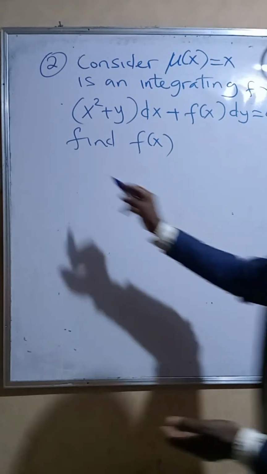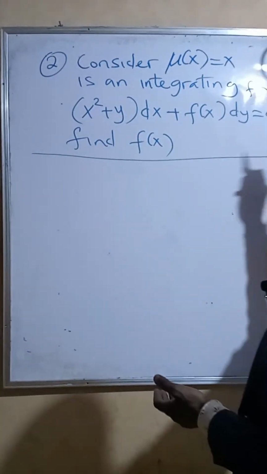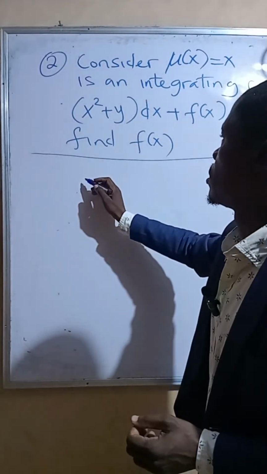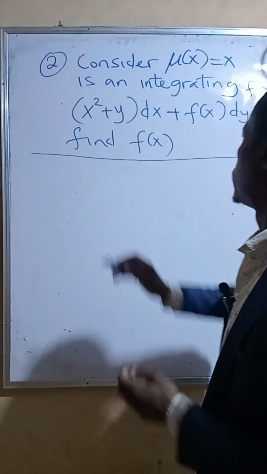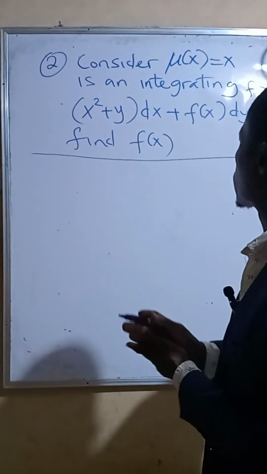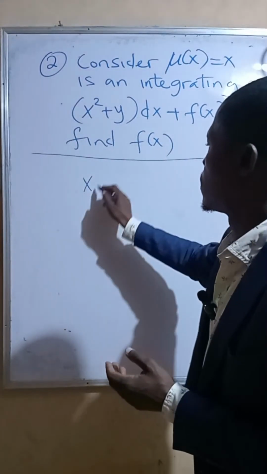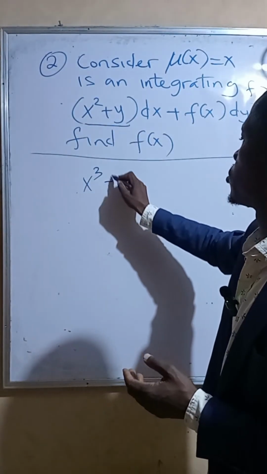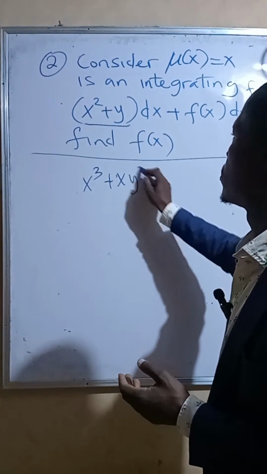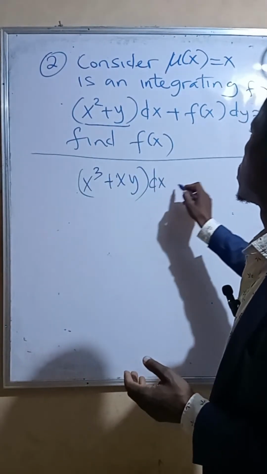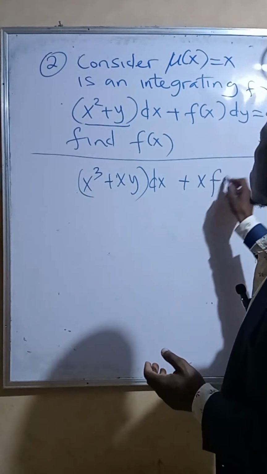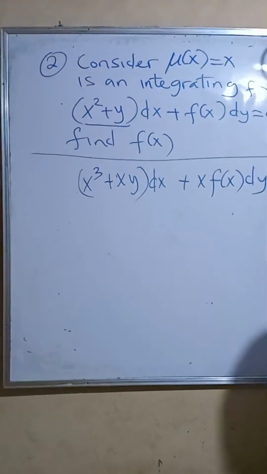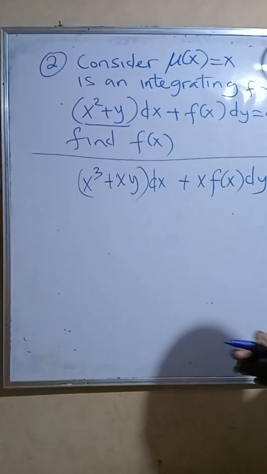So the next thing to do is to multiply the given differential equation by the integrating factor, and that will be equal to this one times x cubed plus xy dx, plus this dy, equal to 0. So that's that.